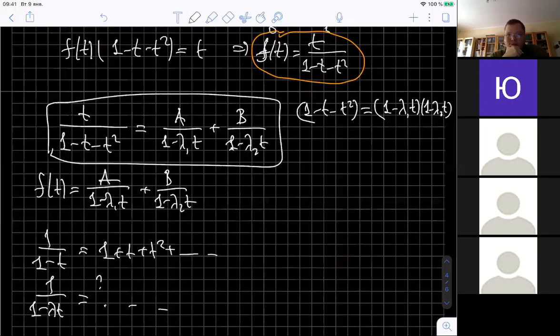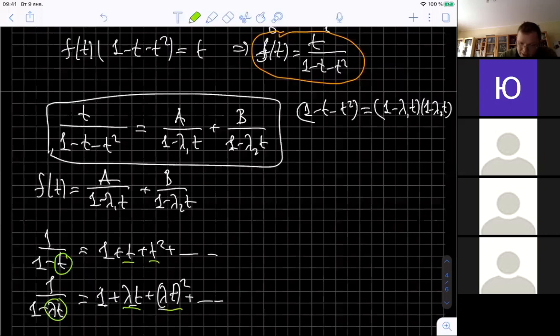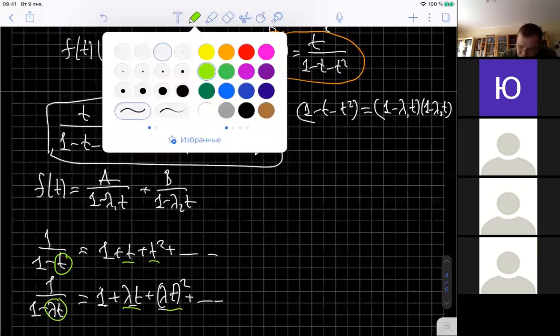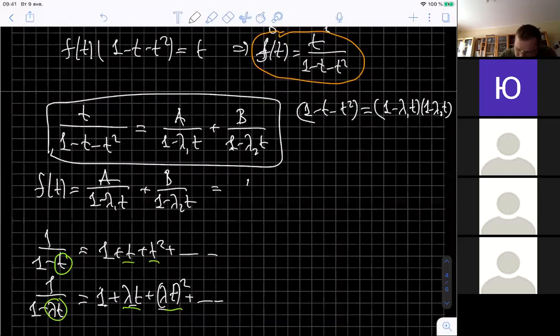So it's just the first one with lambda in front of the t's. Yeah, of course. So it just will be 1 plus lambda t plus lambda t squared squared and so on. So what we just change here is t to lambda t, so here we can do the same.